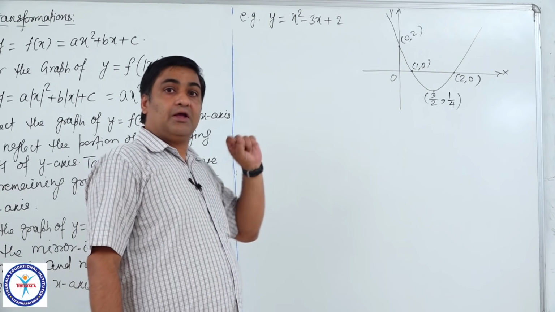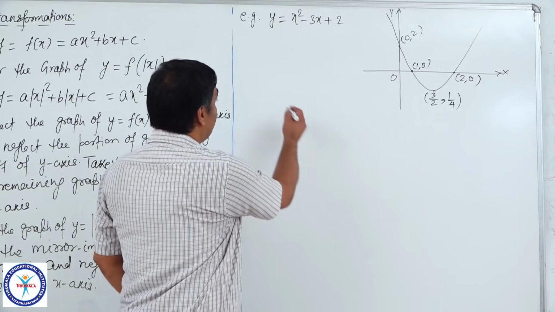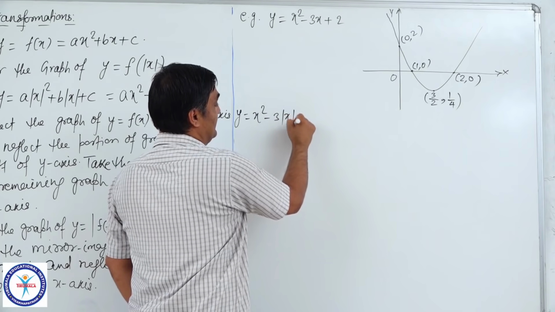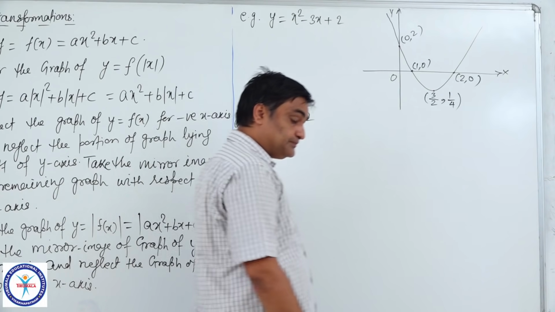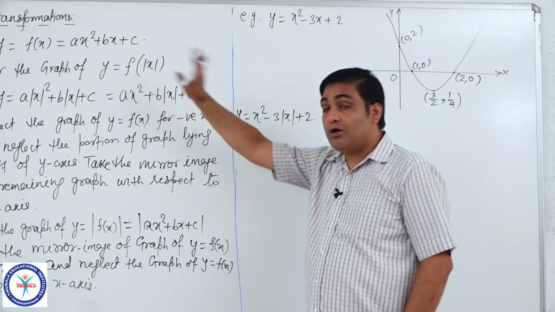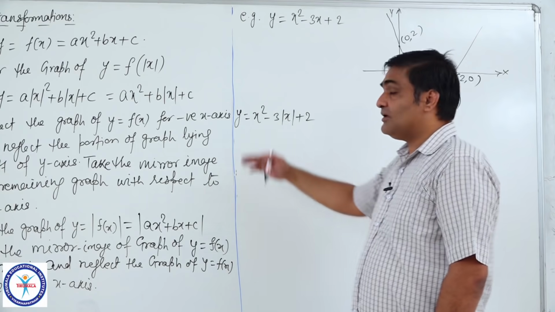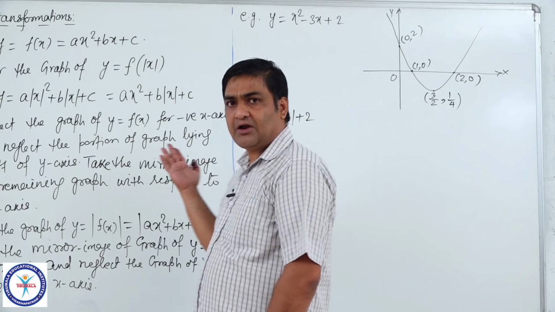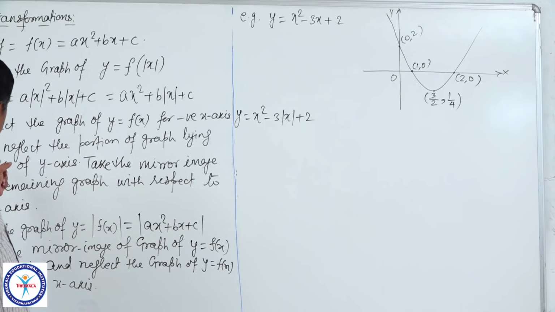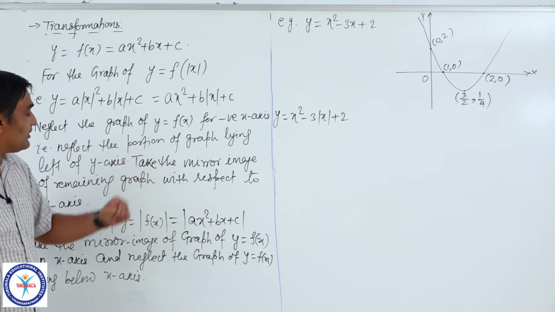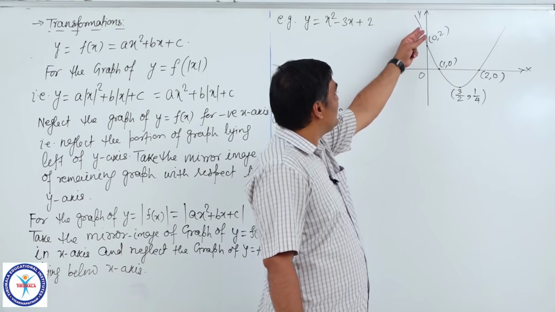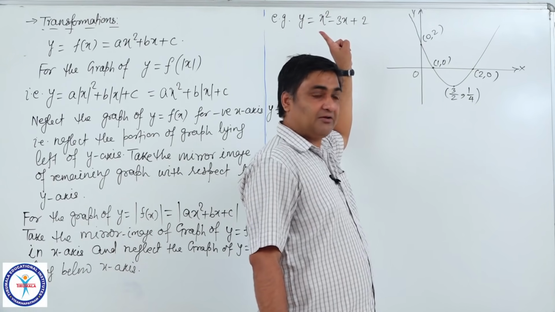Now, if we have to draw the graph of x square minus 3 mod x plus 2, means we have put a modulus sign on x. We can put a modulus sign on x square also, but there will be no effect. So what is this procedure saying? Neglect the portion of the graph lying left of the y-axis. Means this side you neglect.